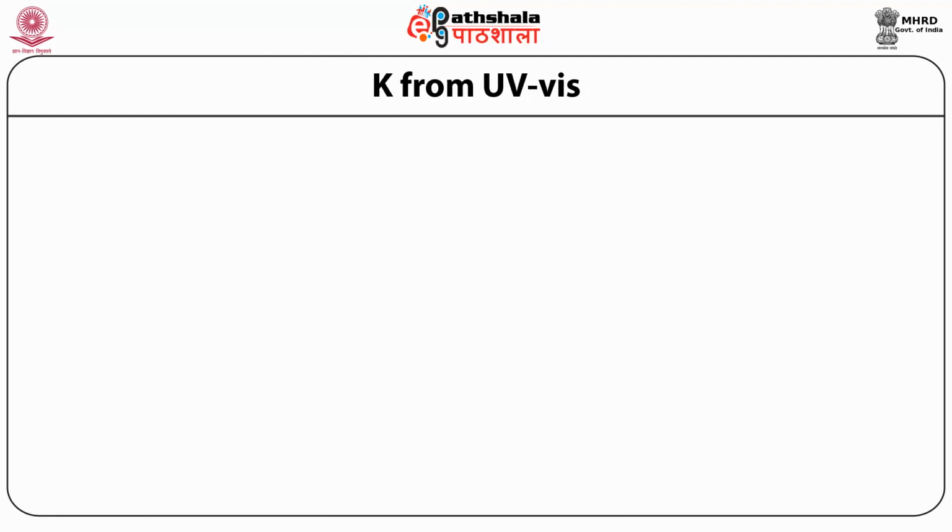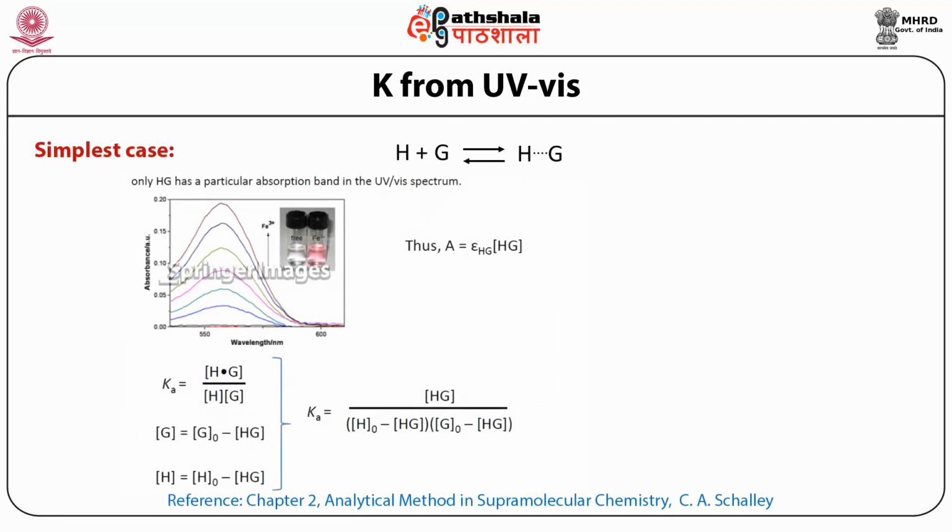Next, we look at determination of binding constant from UV-vis spectroscopy. As I said, UV-vis spectroscopy is more sensitive, and you can determine a high binding constant in a very low concentration range as compared to NMR. Let's take the simple case where, when you are forming a host and guest complex, only that complex has an absorption band. The other two don't have absorption.